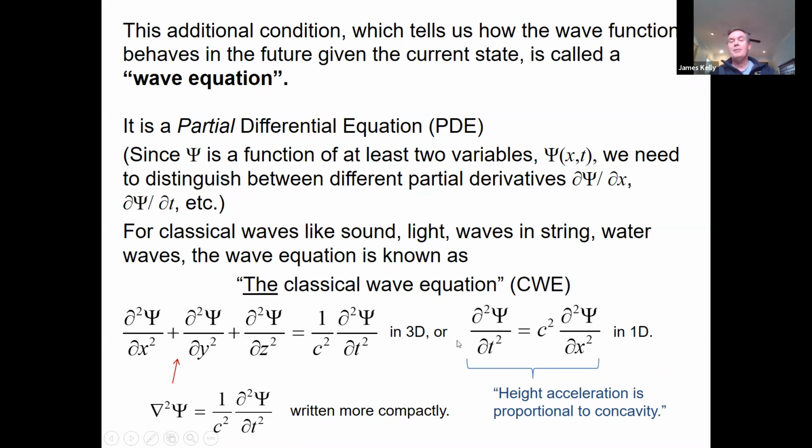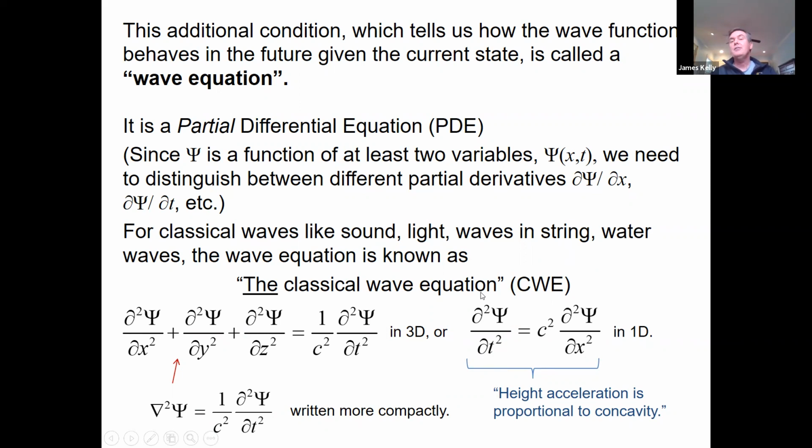So one way to think about this, to get a little bit of intuition, is looking at this. I can think of the second derivative of psi with respect to t. Psi represents the height of the guitar string relative to its equilibrium position.